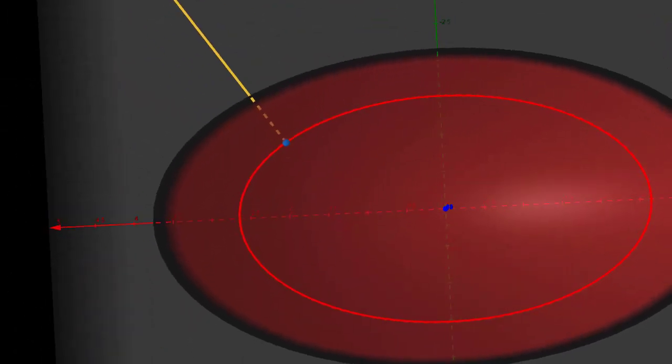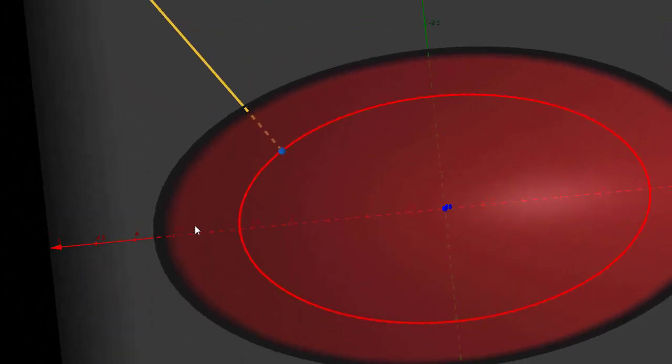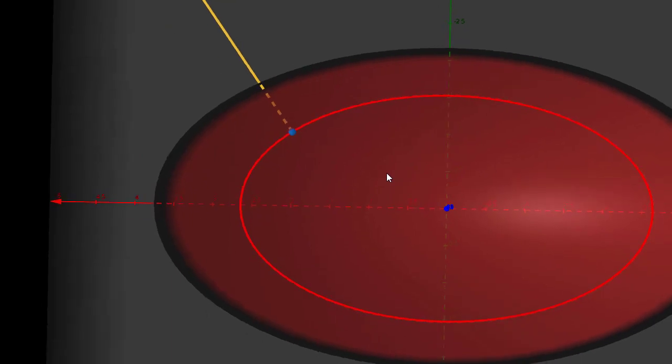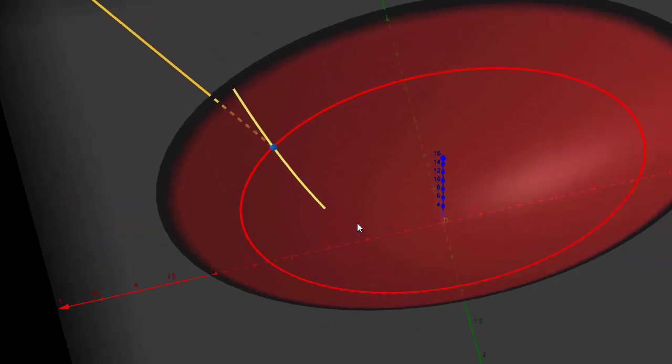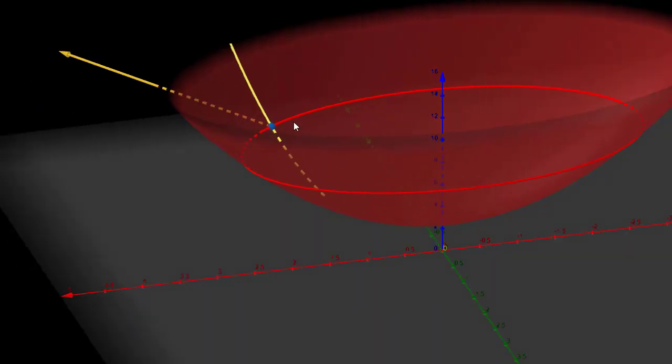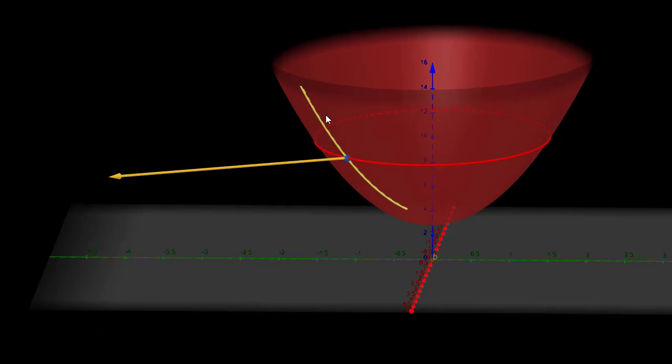Okay? Now if we look at this from above, what this is telling us is that if we're standing at this point, this is the direction we would want to travel in to get our steepest ascent. Now if I match this direction on the surface itself, what this shows me is here's the direction that we would travel along the surface itself, which would be at the steepest.